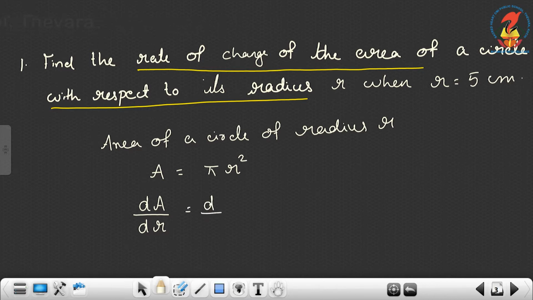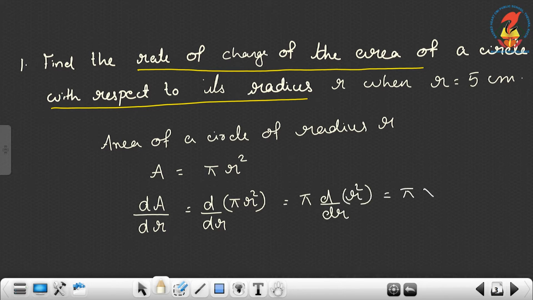That is d by dr of pi r square. Pi is a constant, we can take it out: pi into d by dr of r square. What is the derivative of r square with respect to r? It is 2r. So that is equal to 2 pi r.